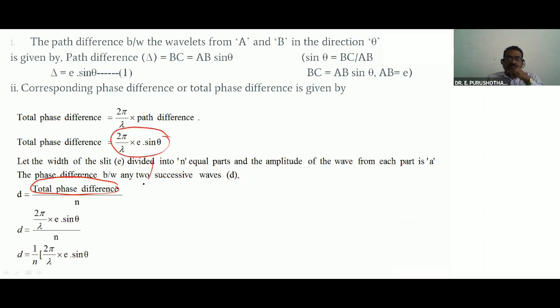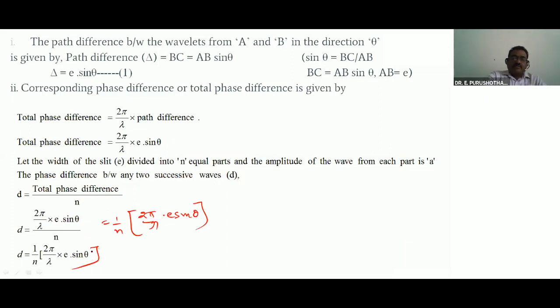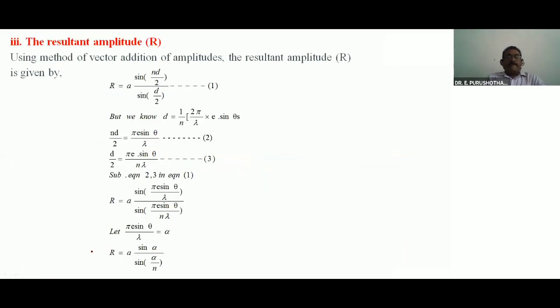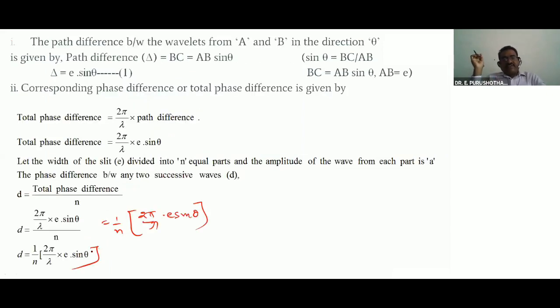The total phase difference is 2 pi by lambda into e sine theta, divided by n. So we can write d is equal to 1 by n of 2 pi by lambda into e sine theta.